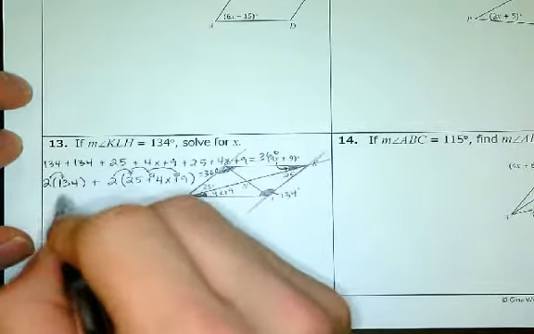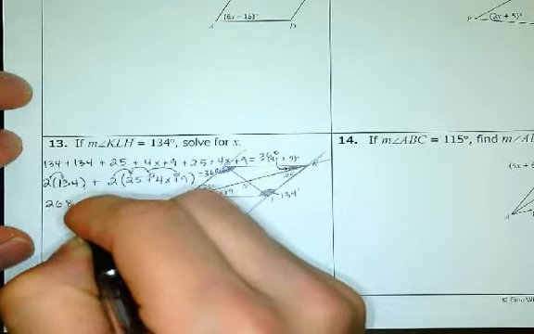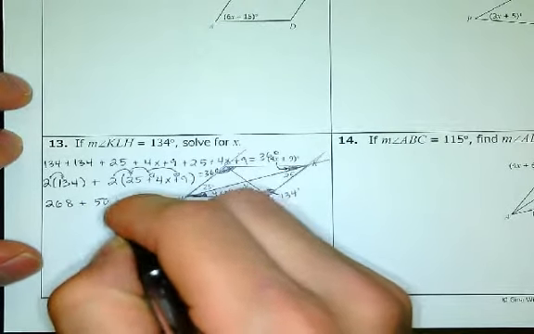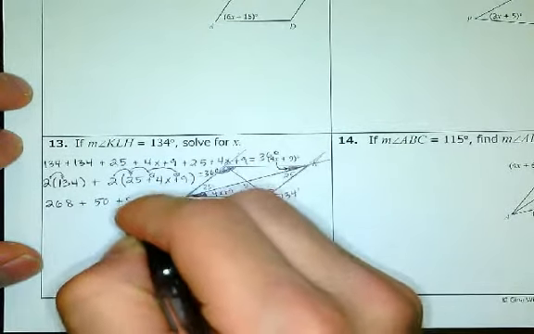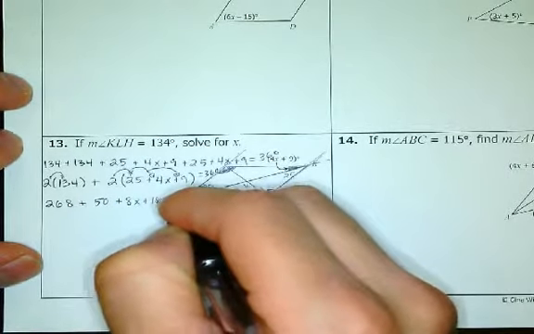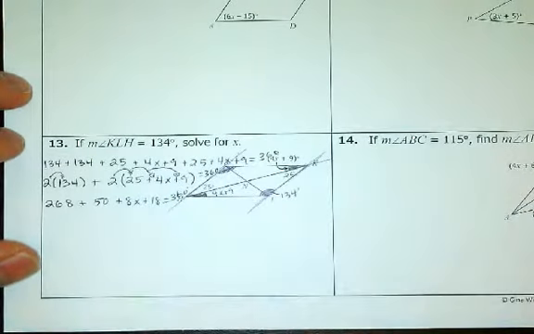2 times 134 is equal to 268 plus 2 times 25, which is 50, plus 2 times 4x, that makes 8x. 2 times 9 is 18. And that is equal to 360. Combine all your numbers together.